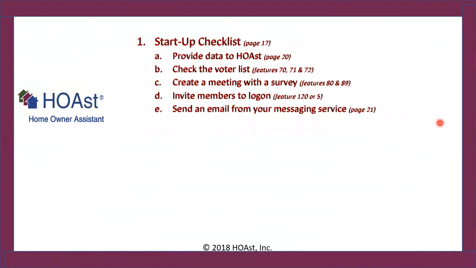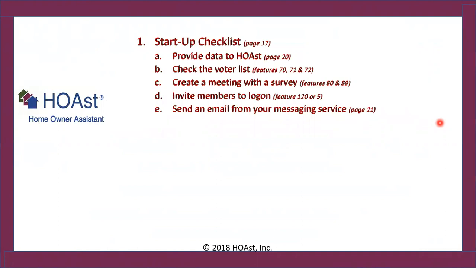If you're using the Pro version, that's the version that allows us to link into your property management software like TOPS, Sync, VMS, Caliber, then all you do is provide us the code so we can go into that property management software and extract your data. Otherwise, you're going to be looking at page 20, which gives you the Excel spreadsheet format for providing us data to set you up the first time. And that's on page 20.